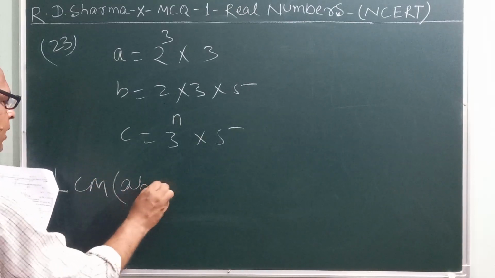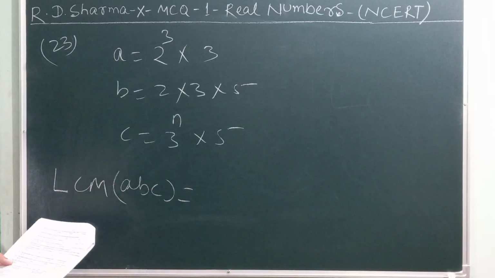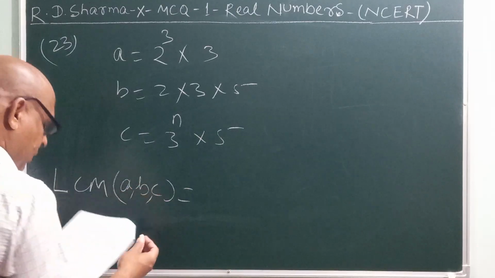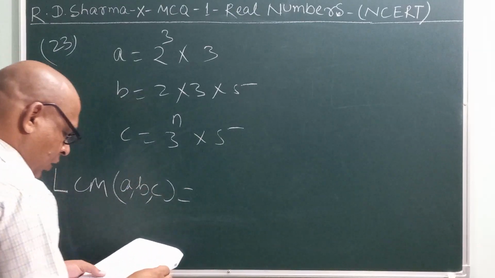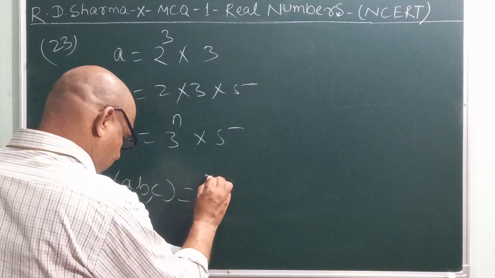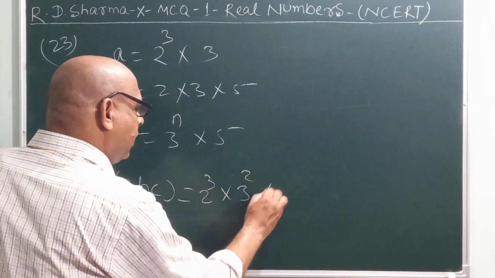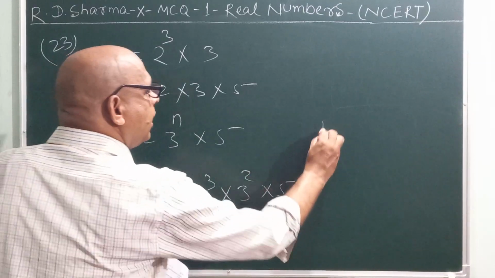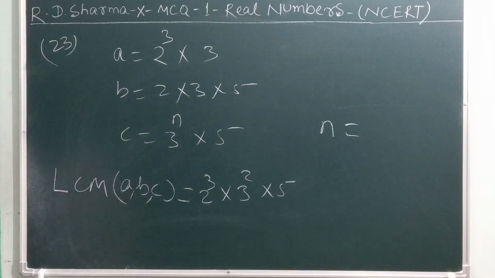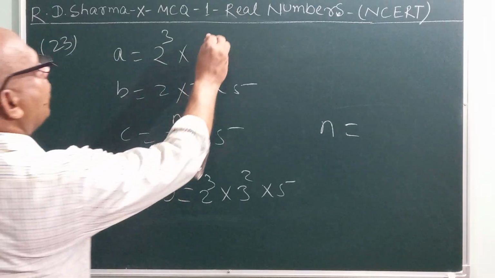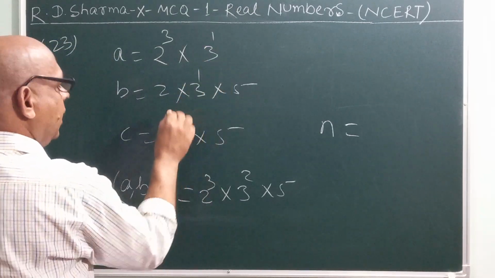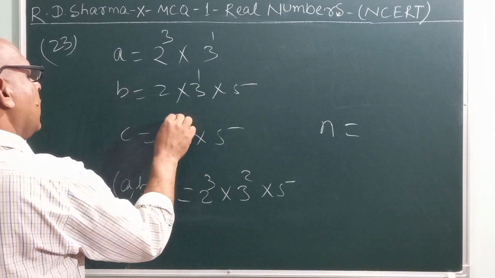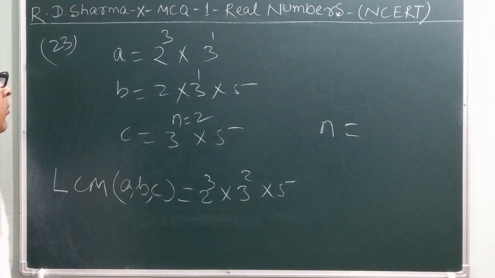LCM of A, B, C equals 2 into 3 square into 5. n equals dash. 3 to the power 1, 3 to the power 2, n equals 2.